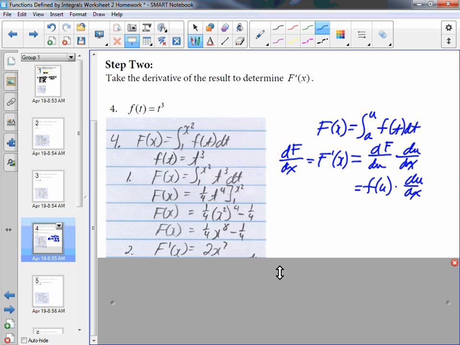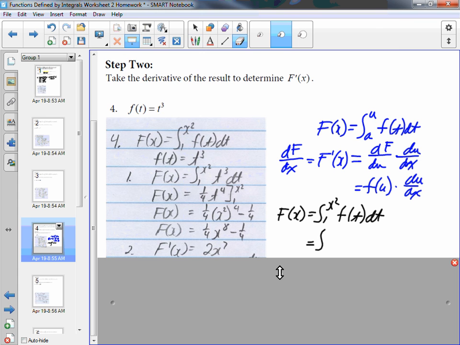So how would the second fundamental theorem of calculus apply to this problem? If I've got capital F of x equals the integral from 1 to x squared of f of t dt, I should get little f of u times the derivative of u. Wait a minute. Let me just erase it here. I didn't mean to write f of t. I meant to write t cubed because that's what f of t is. Okay?